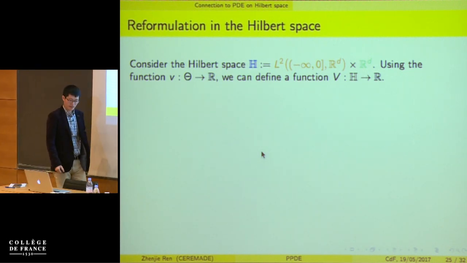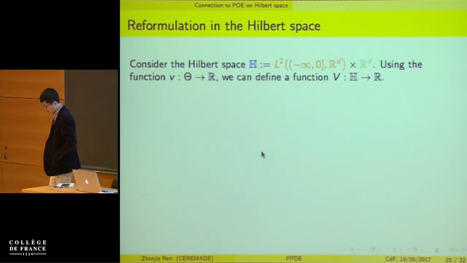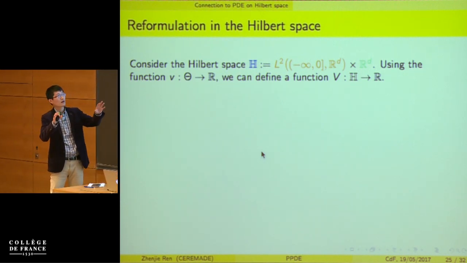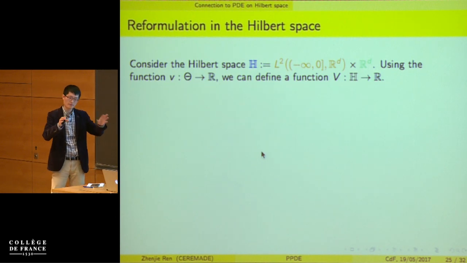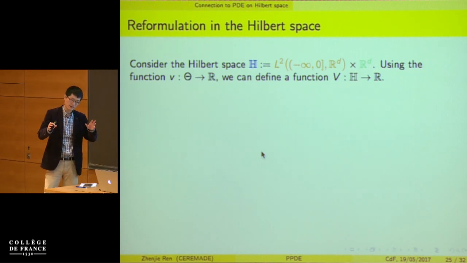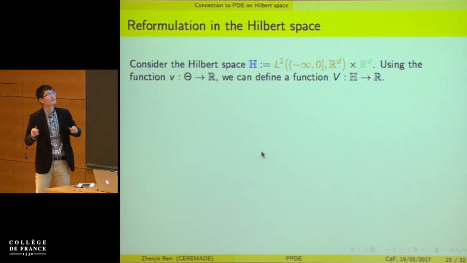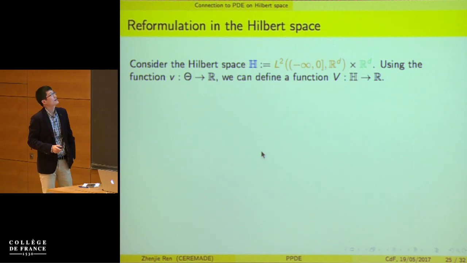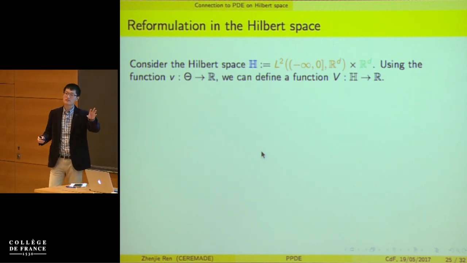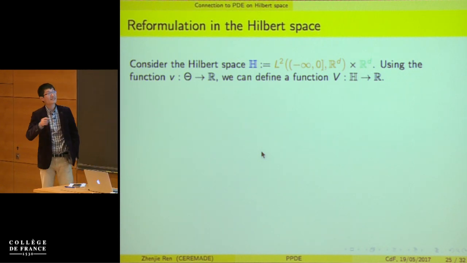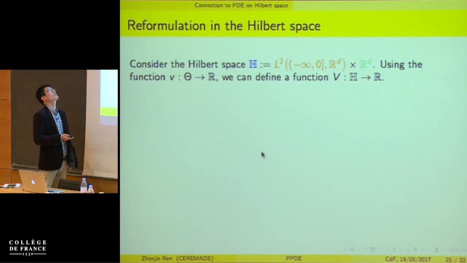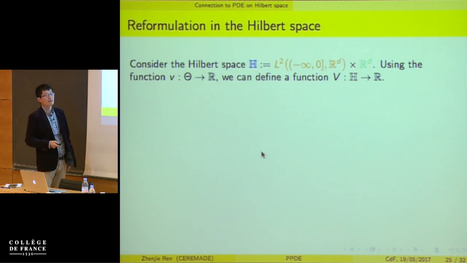Now we need to introduce the Hilbert space, which is the product space of the L2 space of paths on the time horizon from minus infinity to 0, and the real space R^d. Now we want to embed the product space Theta into this Hilbert space H and define the corresponding function capital V based on our value function V on the product space.